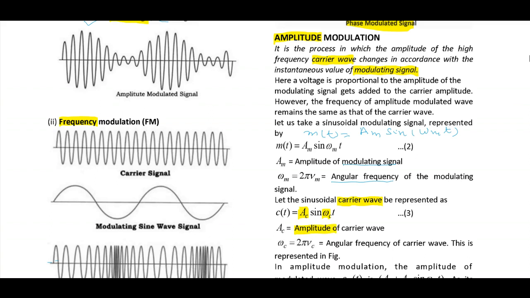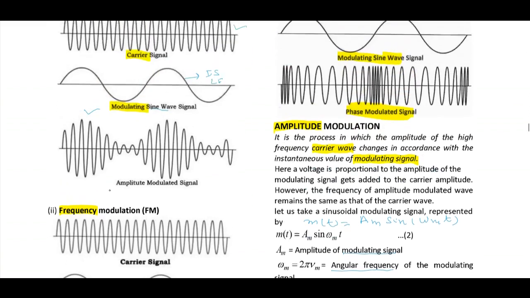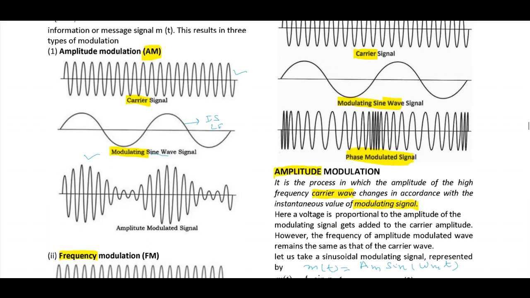Now you can just make use of these two figures. For example, this is the modulating signal. Modulating signal is given by m(t). I will exactly write the equation here.